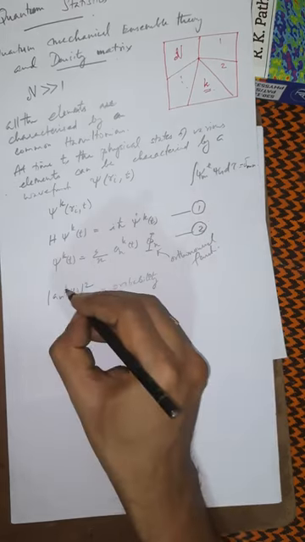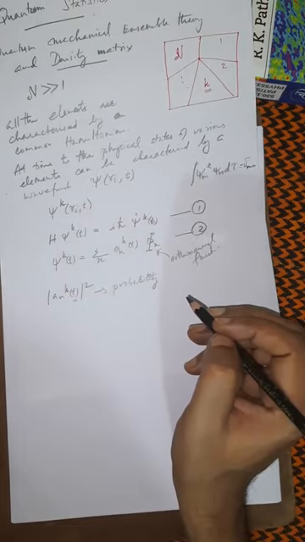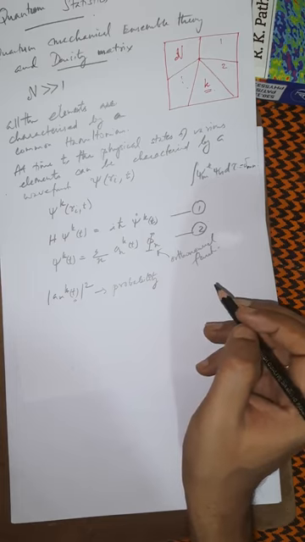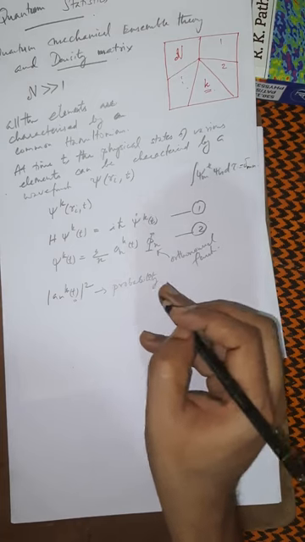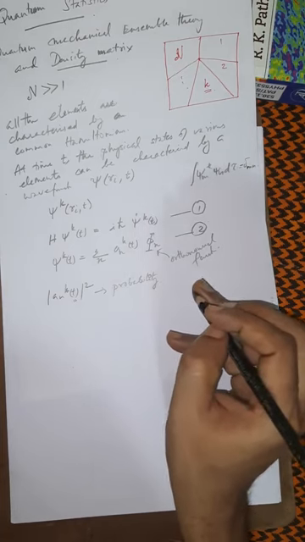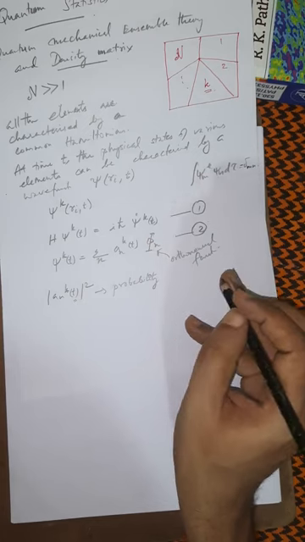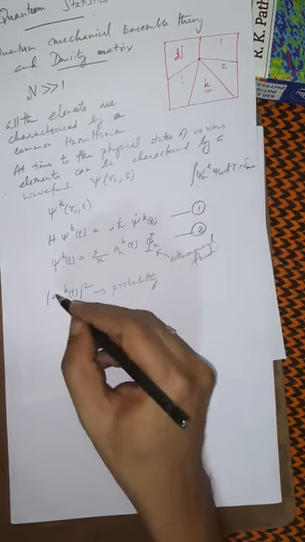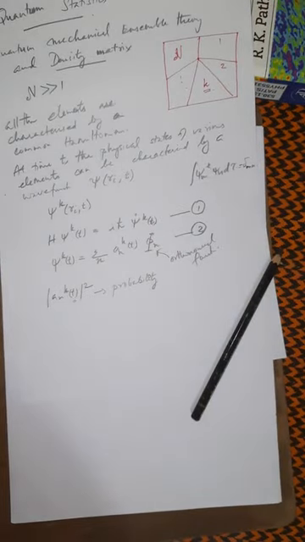So that is how I can define a_nk(t). |a_nk(t)| squared represents the probability that the measurement at time t finds the kth system of the ensemble to be in a particular state phi_n. Okay, so that is how I define a_nk(t).